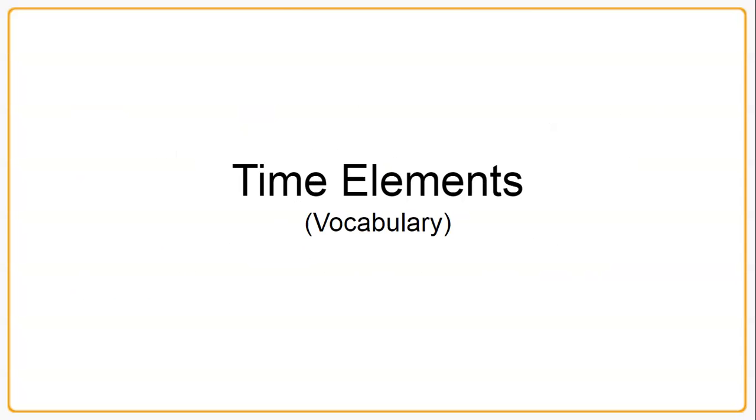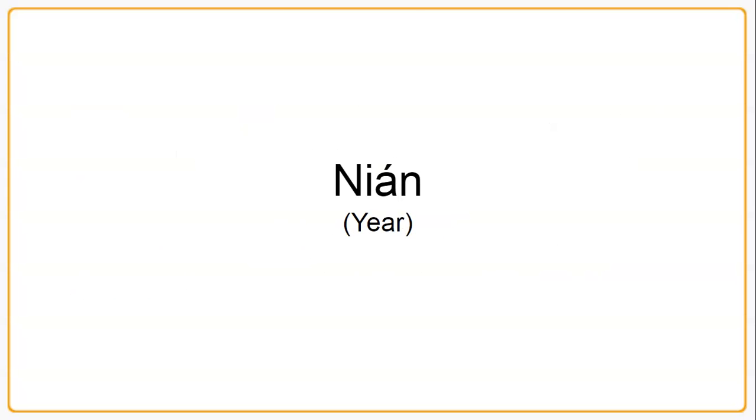But before we continue, let us first learn 3 simple words used in time elements. So, the first word is nian, which means year. Next, 月, or month.